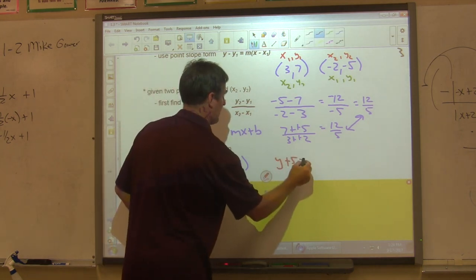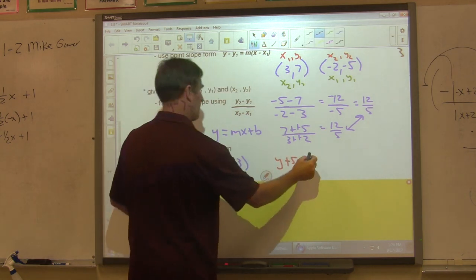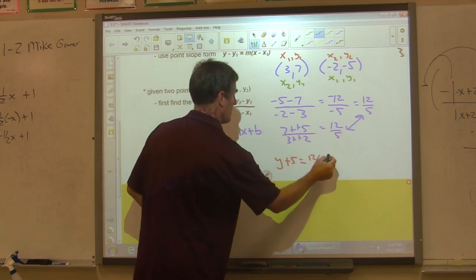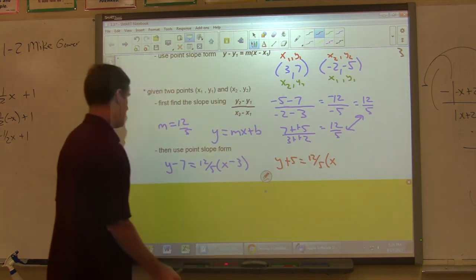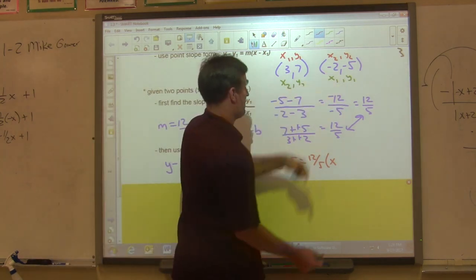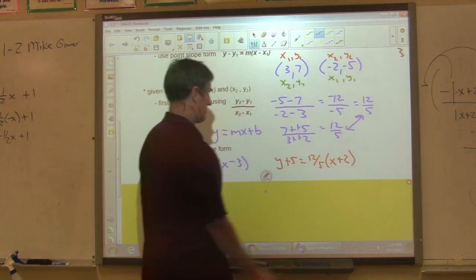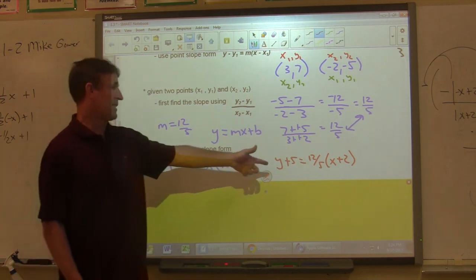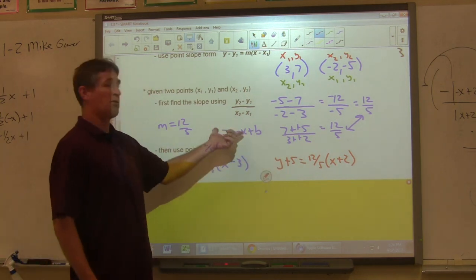Y plus 5 equals, again, 12/5 x, and then minus a negative 2, which would become plus 2. So both of these, if I simplify them, would end up just like when I did this.